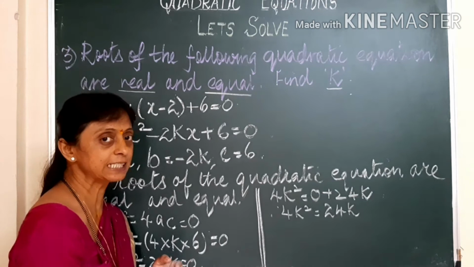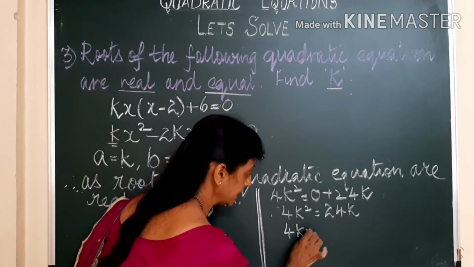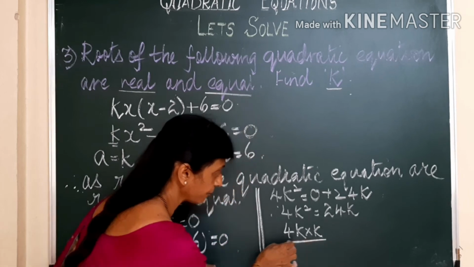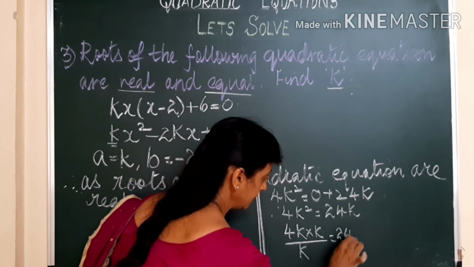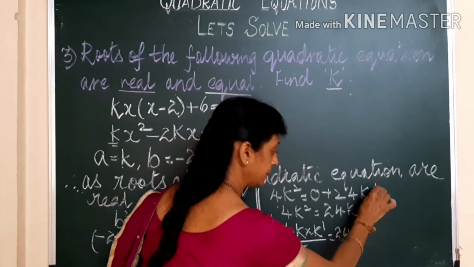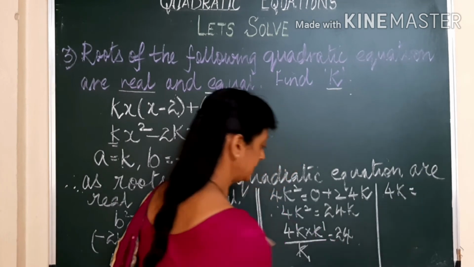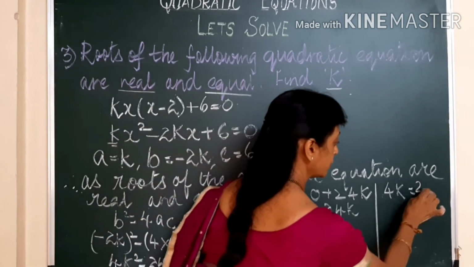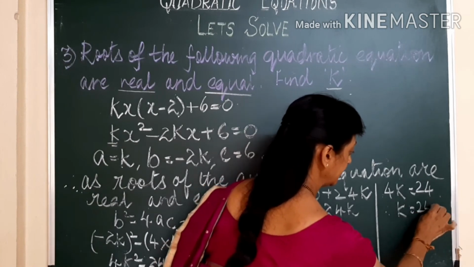When it comes on the other side, division. So you get 4 k square, which can be written as k into k upon k, is equal to 24. k gets reduced. So ultimately you are left with 4k is equal to 24.